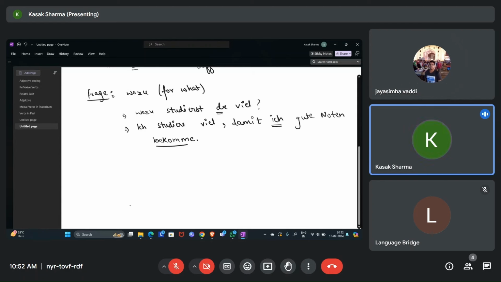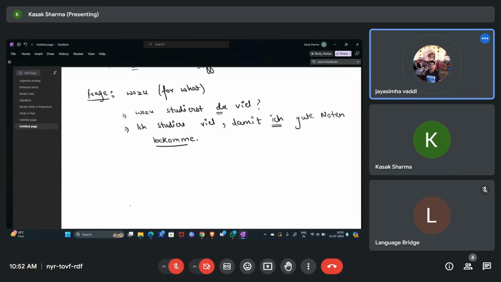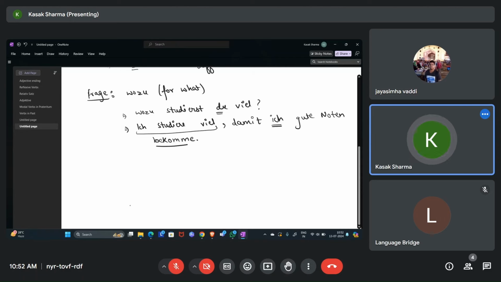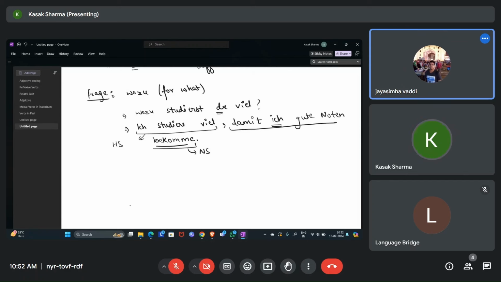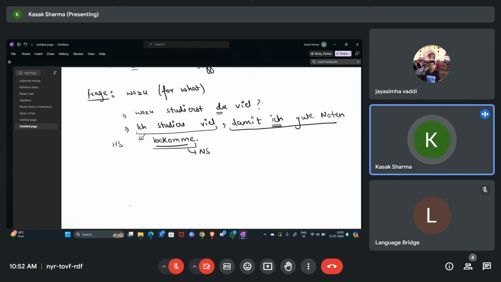Ich studiere viel is my Hauptsatz, and damit ich gute Noten bekomme is my Nebensatz. After damit I have my subject, and according to the subject I conjugate my verb. I am studying so much so that I get good marks.